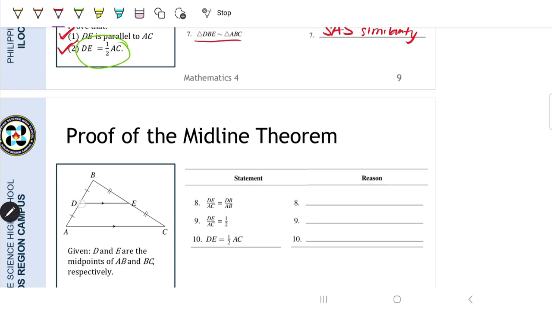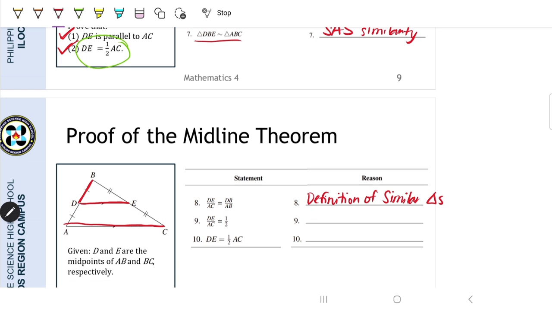So therefore, DE of triangle DBE over AC of triangle ABC is equal to the ratio of DB over AB. Okay, so ano yung ginamit nating reasoning dito? So that is the definition of similar triangles.